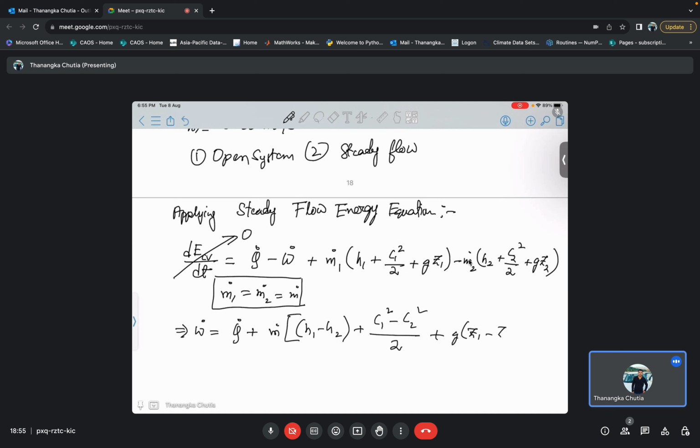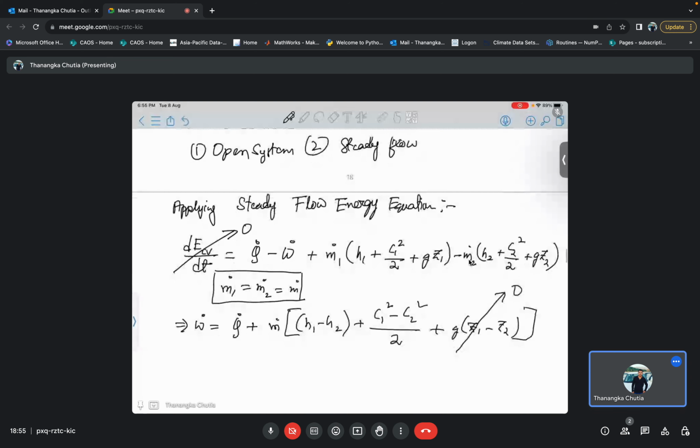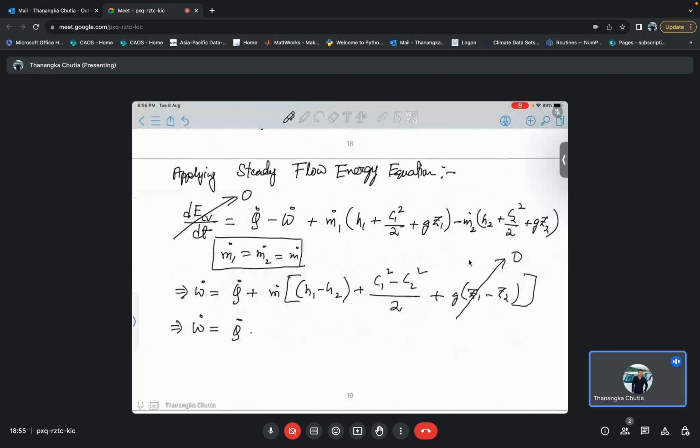Now since no potential energy change is given, this part will also be equal to 0. So finally my equation will be W dot equals Q dot plus m dot times (h1 minus h2 plus (c1 squared minus c2 squared) by 2).